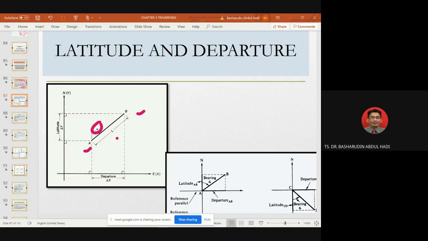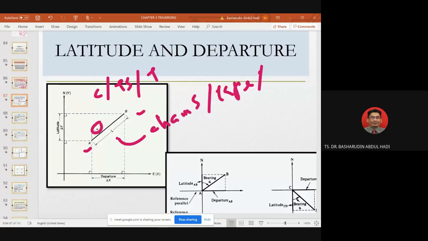For bearing, we use a compass, a total station or theodolite. For length, we use chain survey, using a tape, and then a laser or radio frequency, radio wave. Okay, length. But point A and point B you can also measure by coordinate.